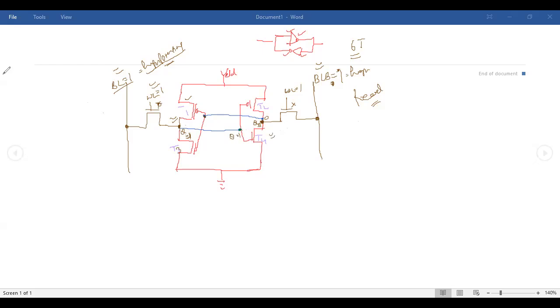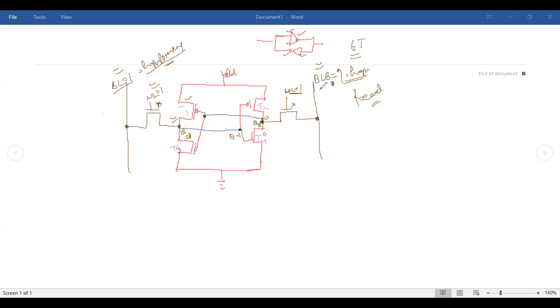Please note the most important part of the memory during the read operation. When you have T4 as an on transistor and your BL is at high potential, this is also on. So this BL will get a path.